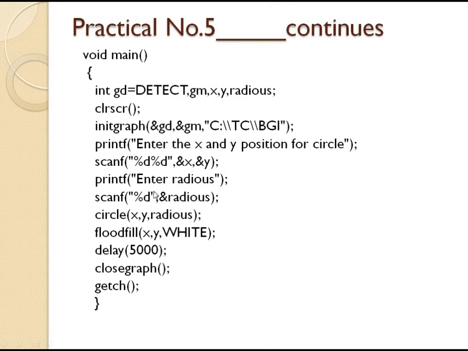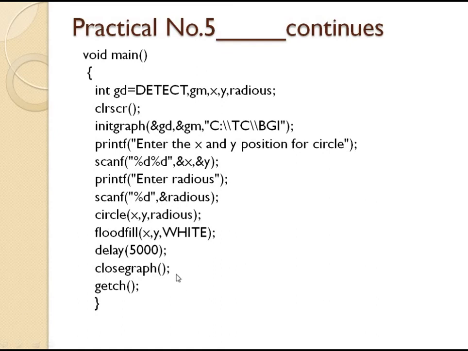By using this circle function, we put the x and y and the radius of the circle, so the user can enter the xy coordinates and also the radius. Here the flood fill function is used with the xy coordinate, and white is the border color of our polygon. The delay function is used for the time interval.